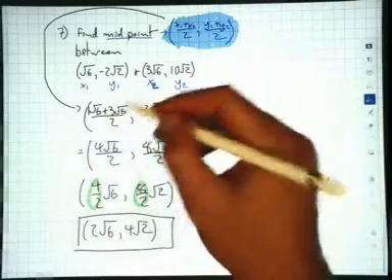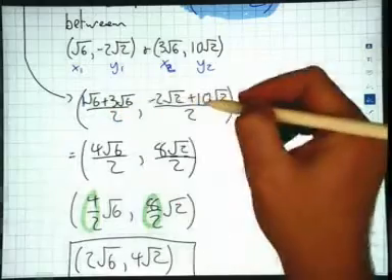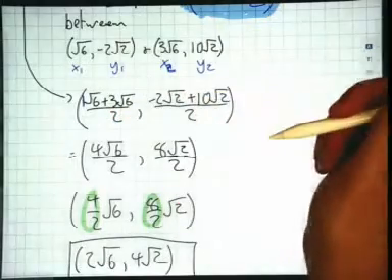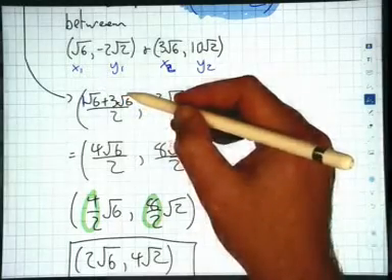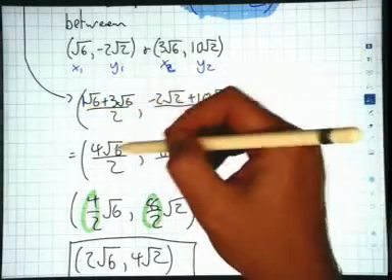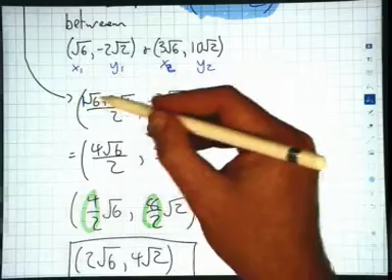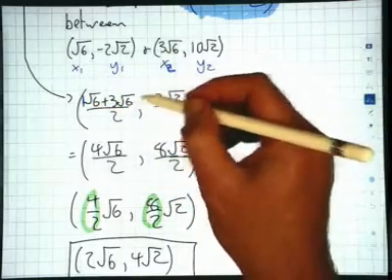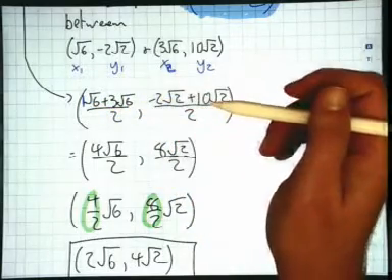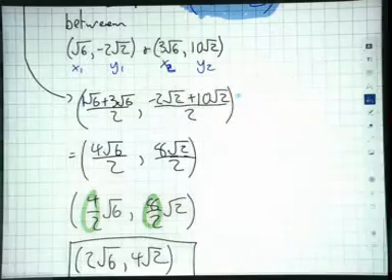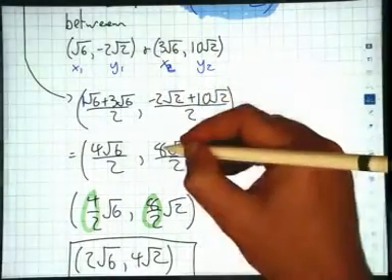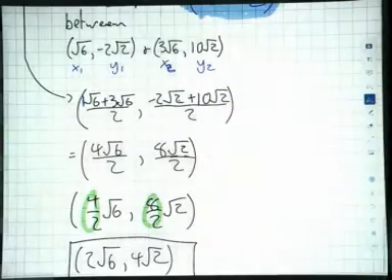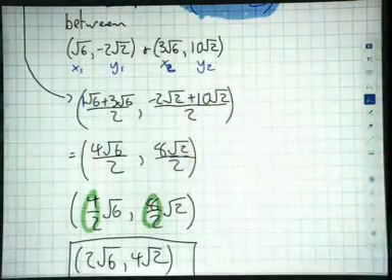Because they are like terms, it's just like adding 1x and a 3x together. We know that 1x plus 3x is a 4x. Well, I'm just replacing that x with this root 6. So this is like saying, what is negative 2x plus 10x? Well, that's going to be 8x. We'll just replace that x with this root 2.